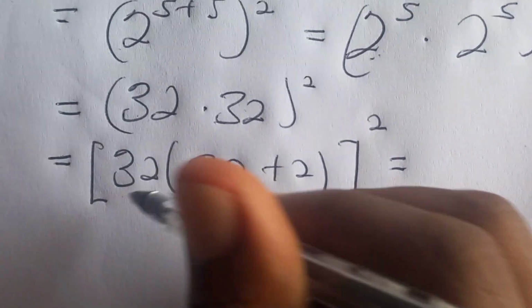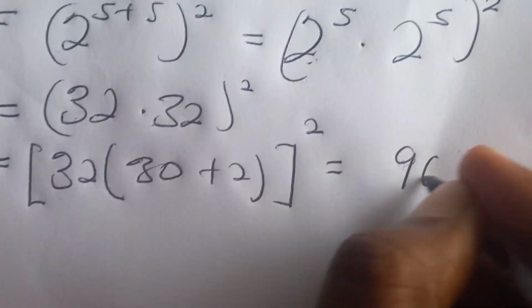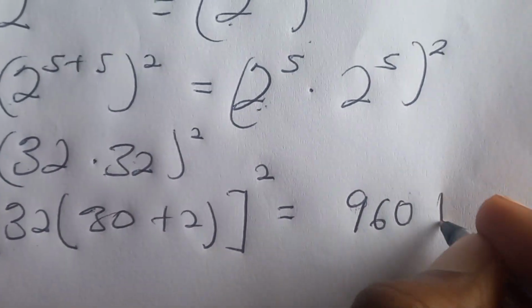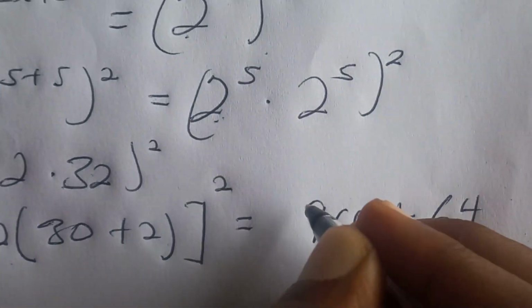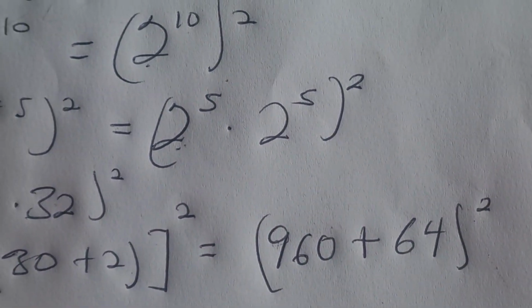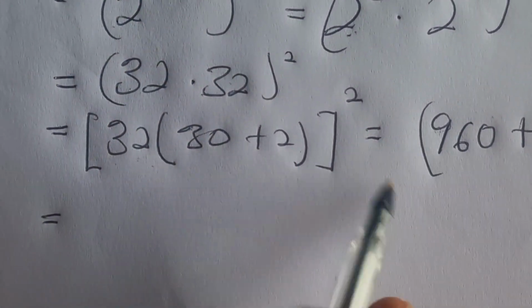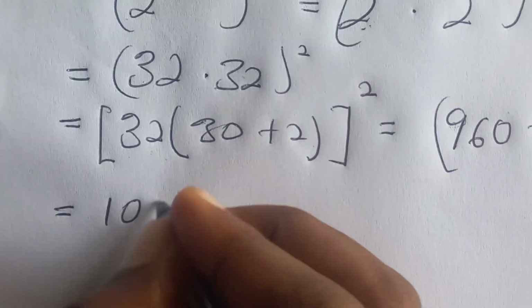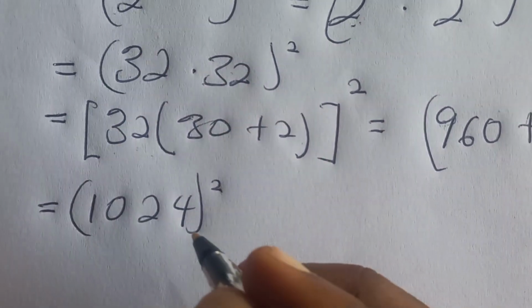Now, 32 times 30, we are getting 960, plus 32 times 2, we are getting 64, all exponent 2. And when you sum up 960 plus 64, we are going to get 1024, like this, all squared.